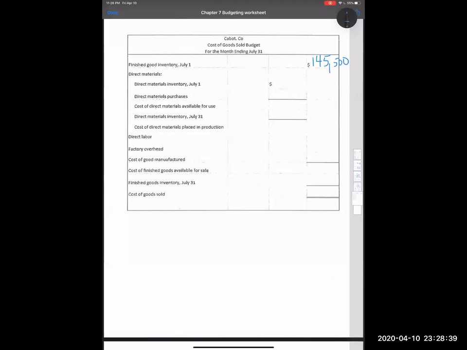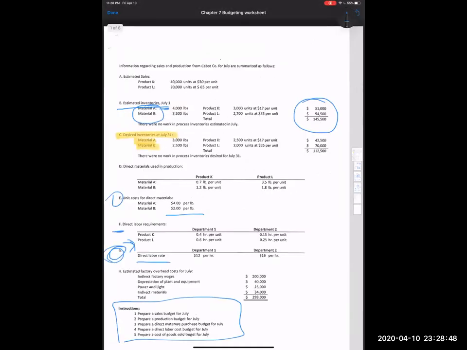Now from here, we're going to input our direct materials. All right, so the first part is our direct materials inventory as of July 1st, okay? Now, I'm gonna have to go back here to figure that out. So we're looking for direct materials inventory as of July 1st. All right, so here it is. Here's our materials, A and B, 4,000 pounds and 3,500. Now we're trying to capture what is the cost of that direct materials as of July 1st, right?